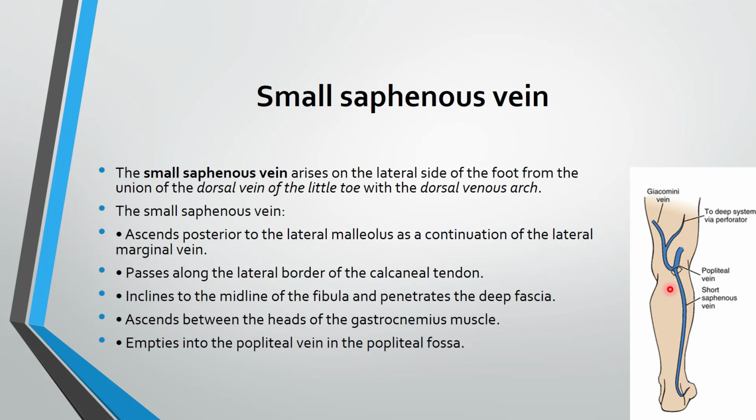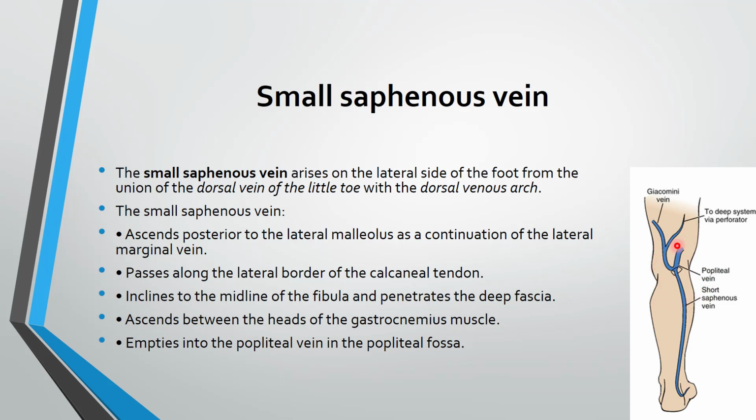It will ascend between the two heads of the gastrocnemius muscle. Remember this thing, we have a muscle which is the gastrocnemius. There are the medial and lateral bellies of the gastrocnemius muscle. So the small saphenous vein will pass between the two heads of the gastrocnemius, and it empties into the popliteal vein which is present in the popliteal fossa.